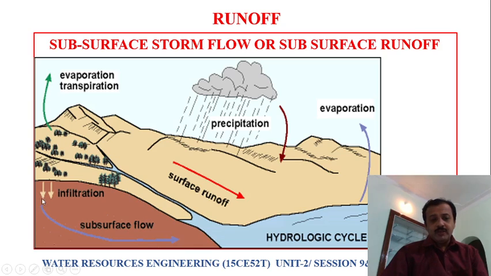The water which flows below the ground and reaches the ocean or sea, we call it as subsurface flow. The flow need not be on the surface itself. There is a chance of water getting infiltrated and flowing below the ground. That part of runoff which flows below the ground, we call it as subsurface flow.